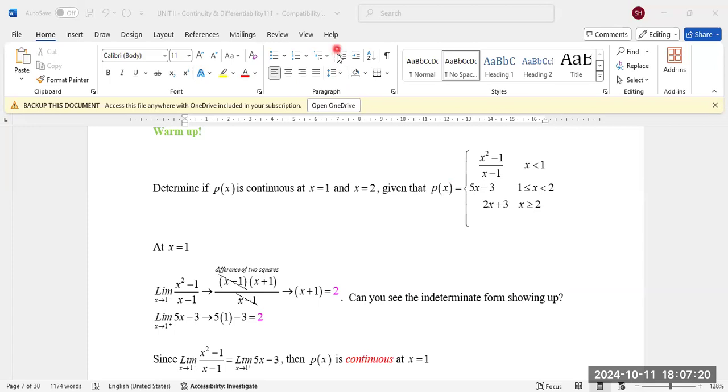All right. Very nice. I'm happy that you are seeing that. Is there anyone else in the class that, before you move on, would like me to break down the difference of two squares? Sir, I don't understand how this concept of factorization works.